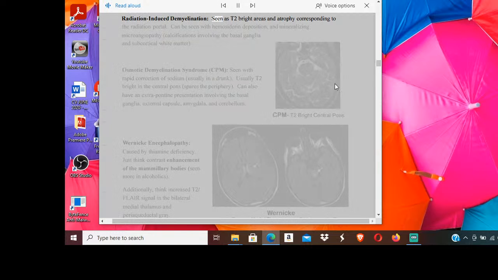Radiation-induced demyelination, seen as T2 bright areas and atrophy corresponding to the radiation portal, can be seen with hemosiderin deposition and mineralizing microangiopathy, calcifications involving the basal ganglia and subcortical white matter. Osmotic demyelination syndrome, CPM, seen with rapid correction of sodium, usually in a drunk. Usually T2 bright in the central pons, spares the periphery.